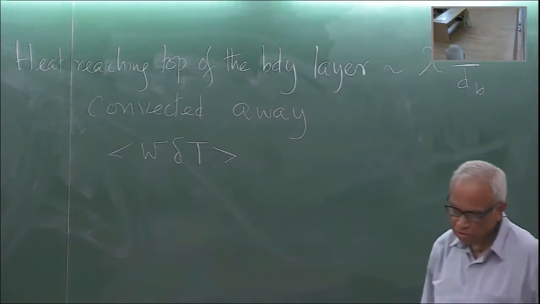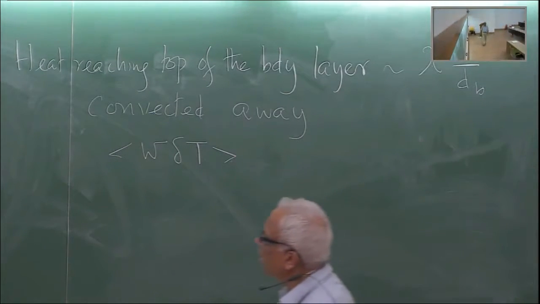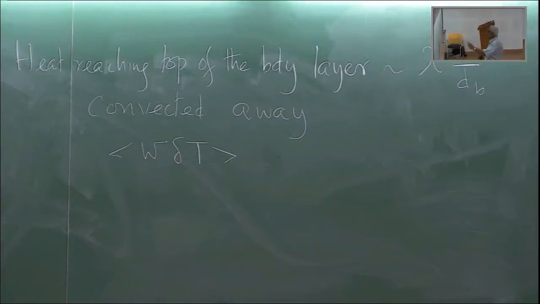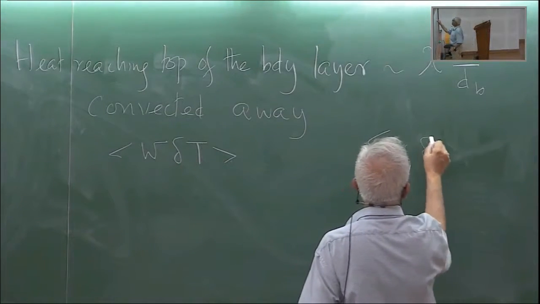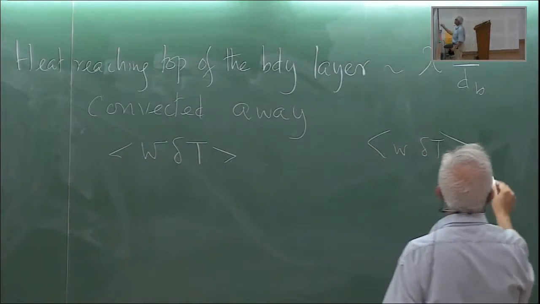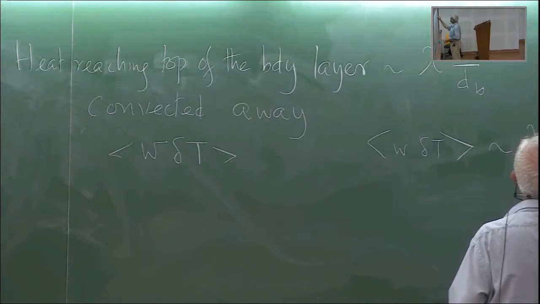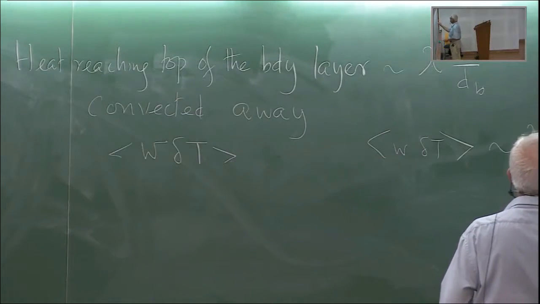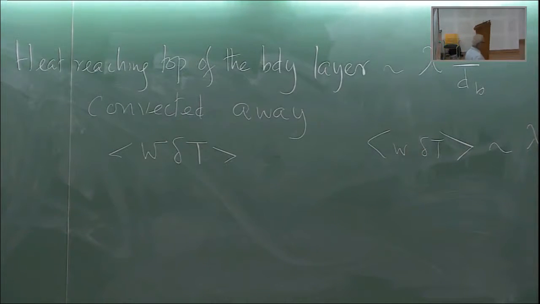What's the amount which is convected away? That's this over here. So there is this average W delta T, and whatever reached you has to be convected away. So you have no equalities, only approximate order of magnitude estimates now.